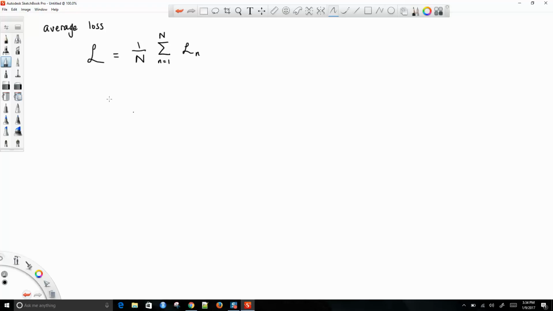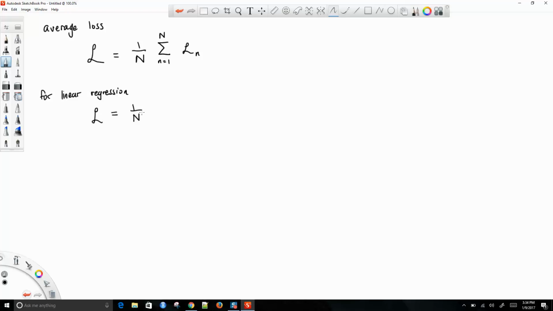That makes sense, right? And so for linear regression, this means we're going to plug in what we have for L sub n.